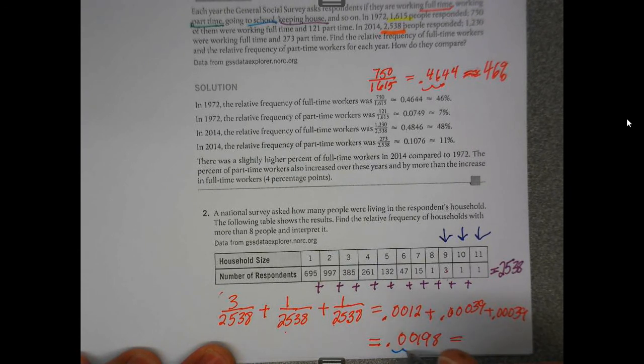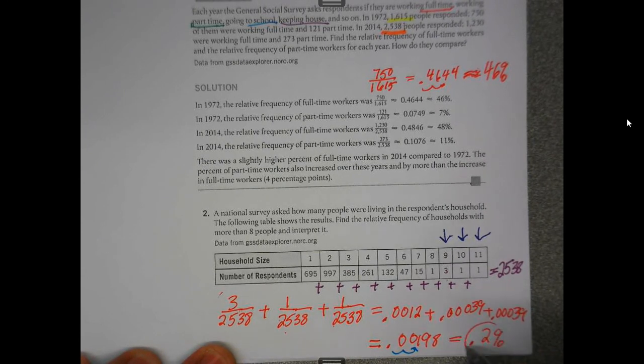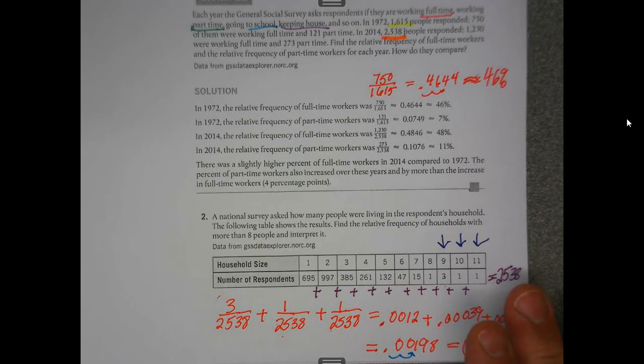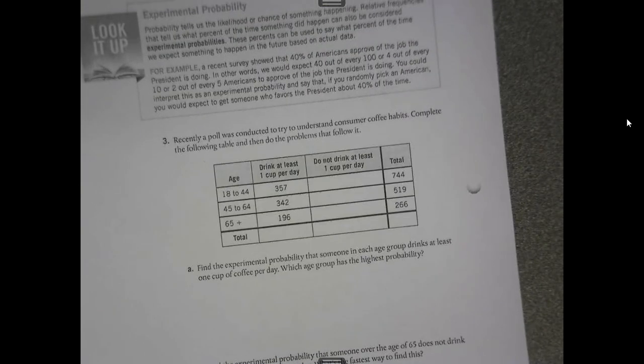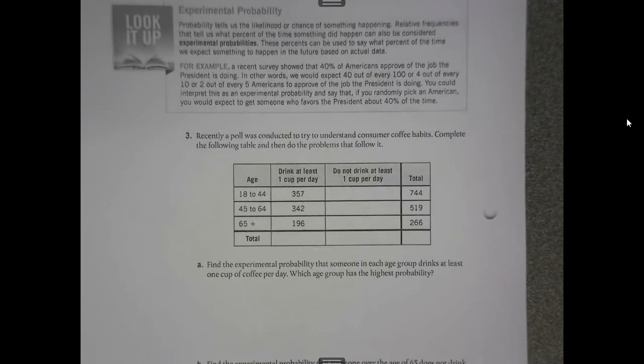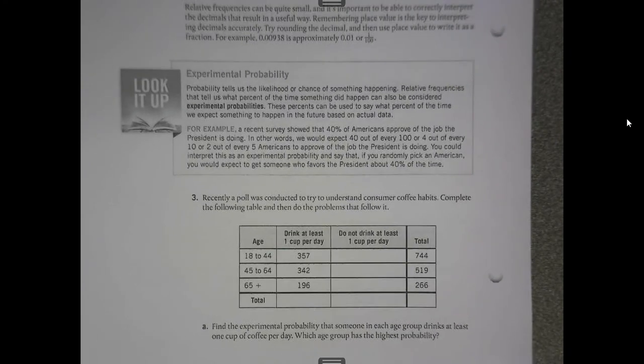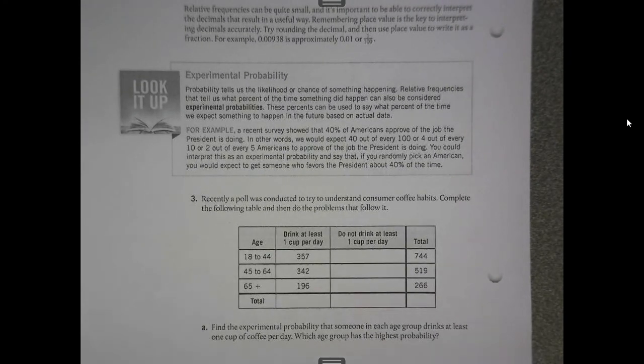All right, let's talk a little bit about experimental probability. Experimental probability is the likelihood or chance of something happening. It's the likelihood that something is going to happen.